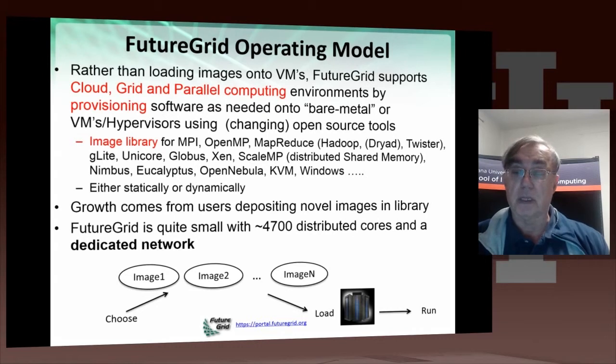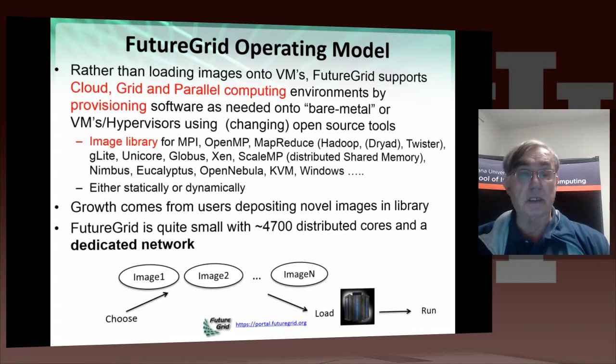At the low level, we have Xen, KVM. We have ScaleMP on the cluster Echo. That's a distributed shared memory environment. And we support, as I've mentioned, Nimbus, Eucalyptus, OpenStack, OpenNebula. And we also have Windows, although that's not typically advertised, which you can use.